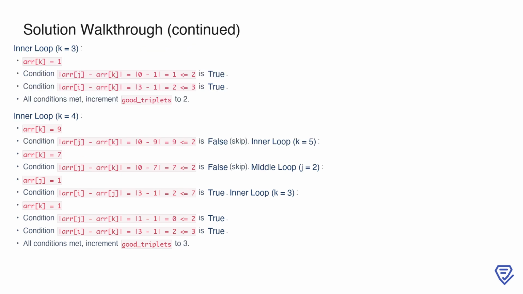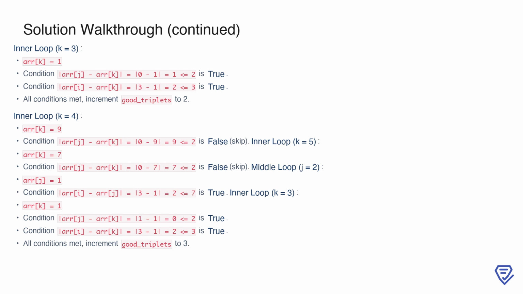With k incremented to 3, the next value of arr[k] is 1. The second condition is checked, |0 - 1|, which equals 1 and satisfies the constraint of being less than or equal to 2. The third condition, |3 - 1|, also equals 2, satisfying c less than or equal to 3. Once again, all conditions are met, so we increment good_triplets to 2.